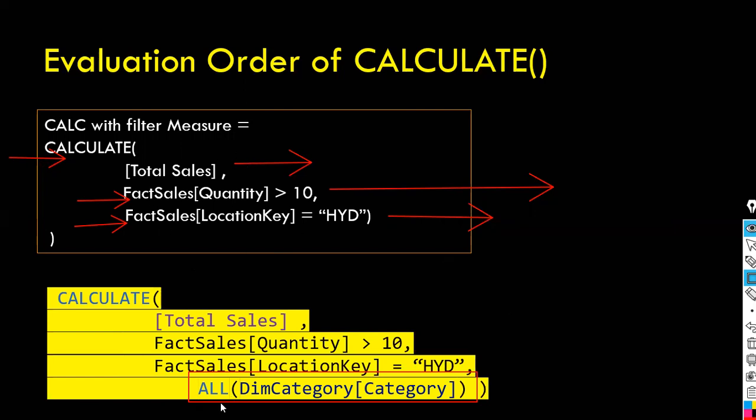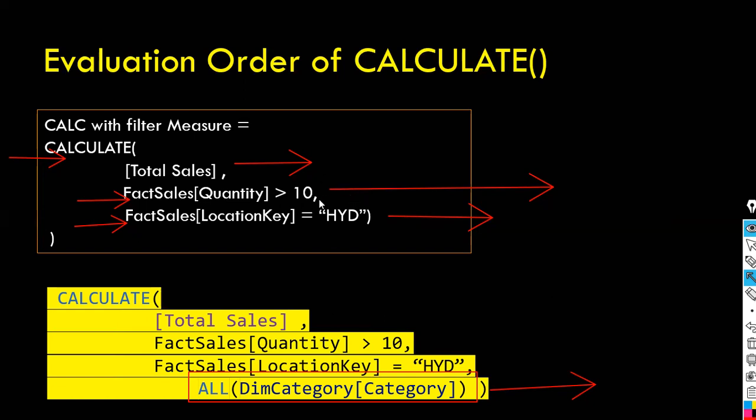If you use the ALL function along with the others, it will get evaluated first, and then the filters will get evaluated. So first this one will be considered, then we apply this filter, and then it does this one. You need to remember this along with the typical filtering criteria.